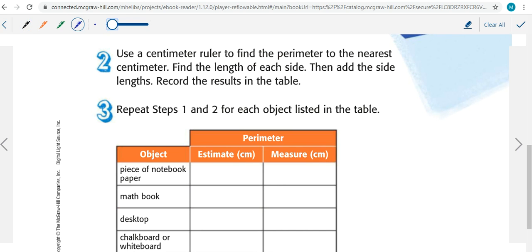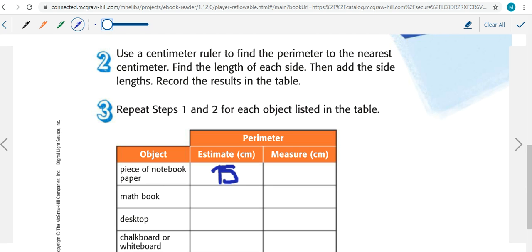Miss Marlene is going to estimate the piece of notebook paper in centimeters. Let's say that Miss Marlene says that a piece of paper is 15 centimeters, but when you measure it, it's the exact number.